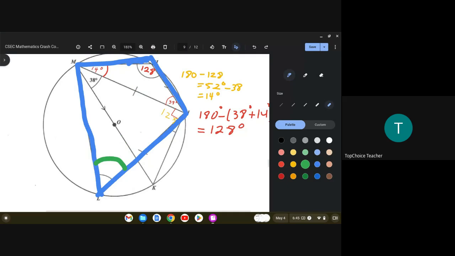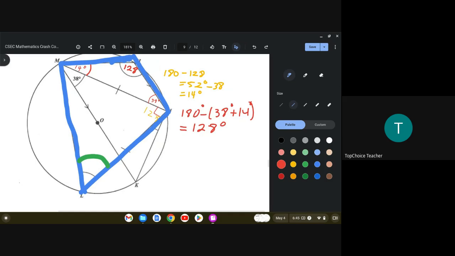So could we use that knowledge to figure out this missing angle? Yes. What do I write here? That will be 180 degrees minus 128 degrees, and you'll get 52 degrees.